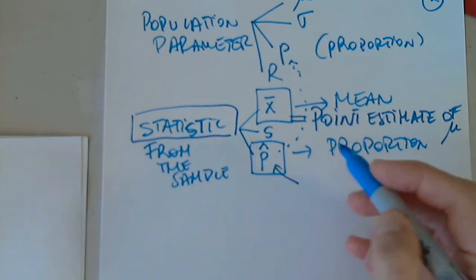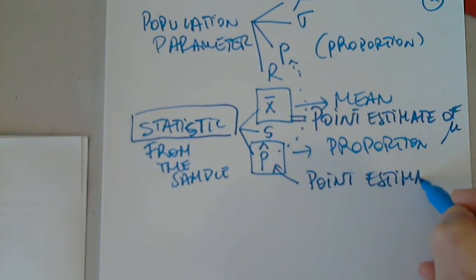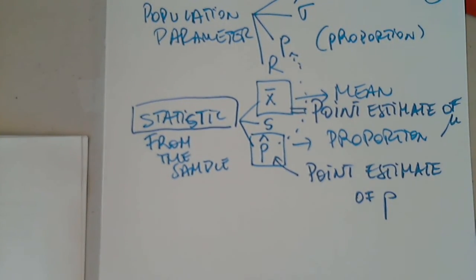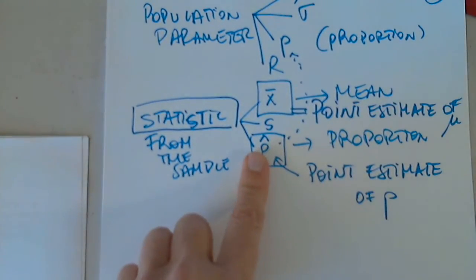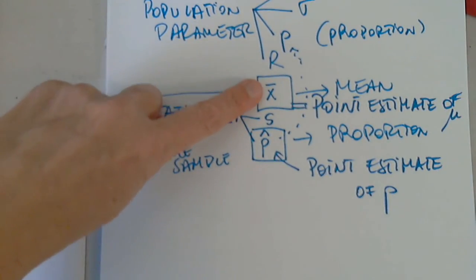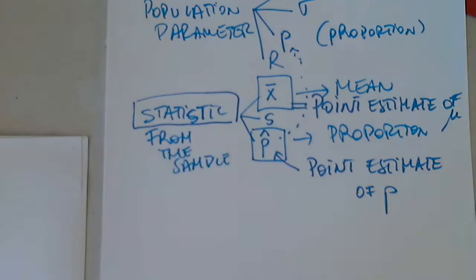This one is the point estimate of the population proportion. So today we're going to look at proportion, both in chapter 8 and 9, hopefully. And then we'll finish chapter 9 going back to the sample mean and population mean.